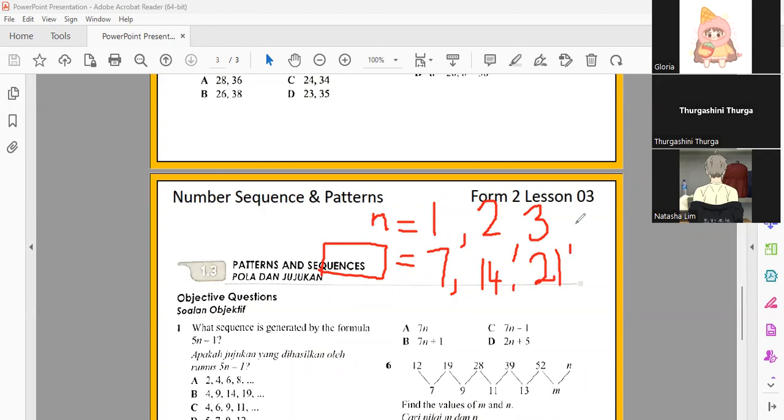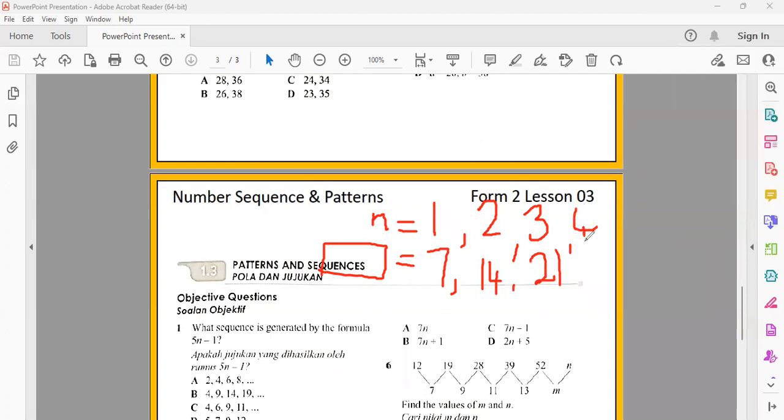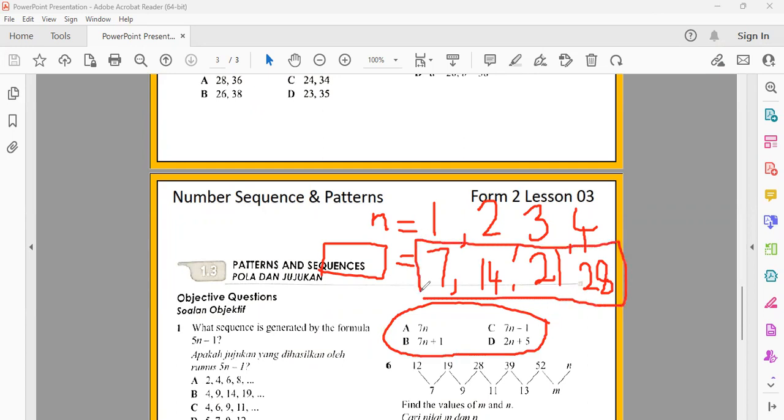If it's 4, this has to be 28. So which formula among these gives us this pattern when I put in the n? When n is 1, 7 times 1 is 7. When n is 2, 7 times 2 is 14. When n is 3, 7 times 3 is 21. So A is obviously the answer.